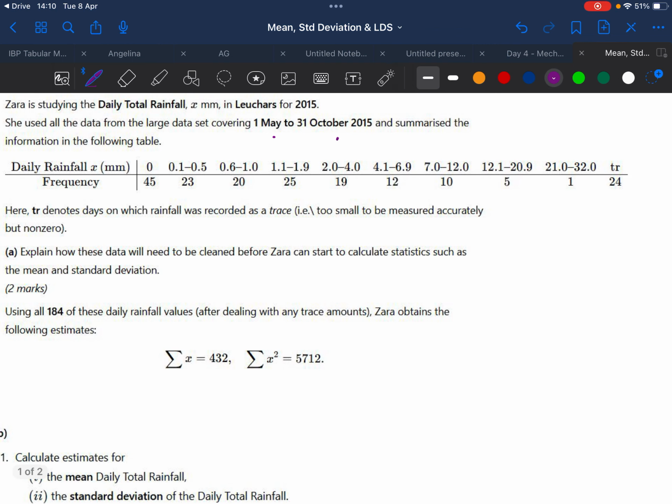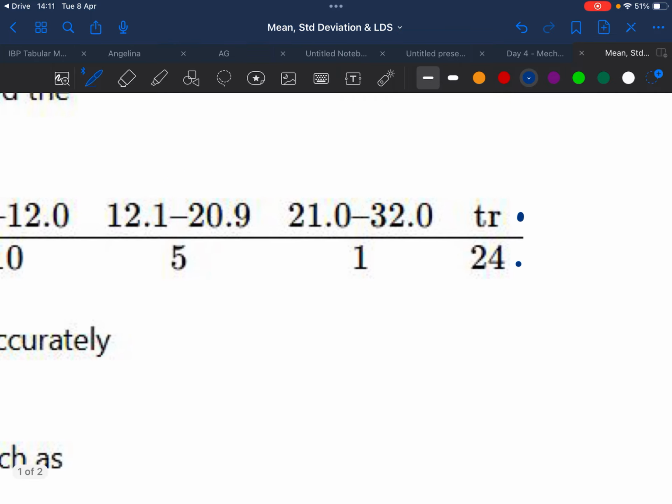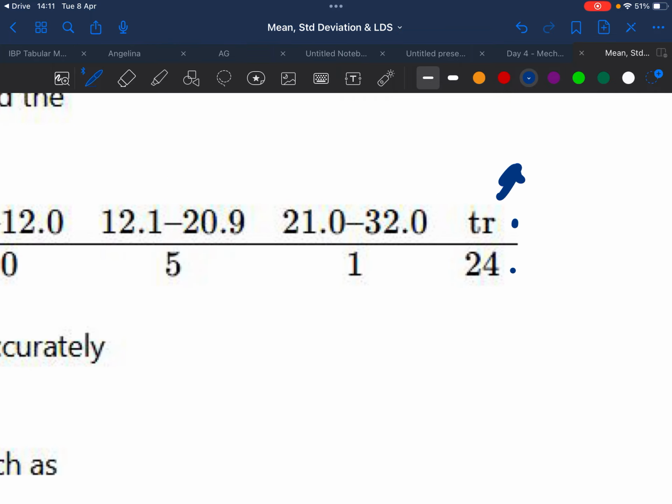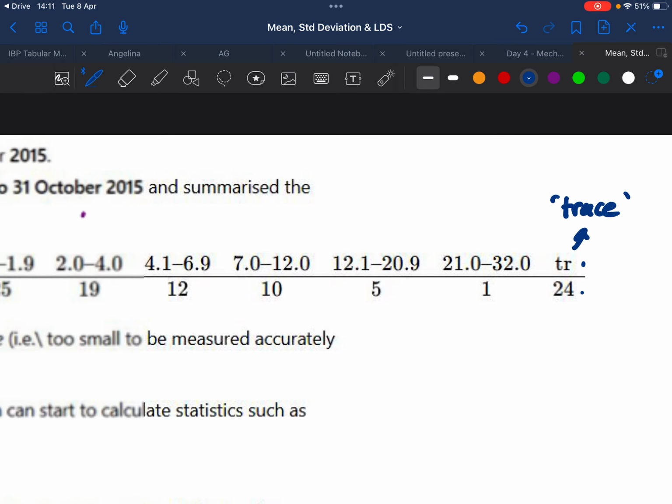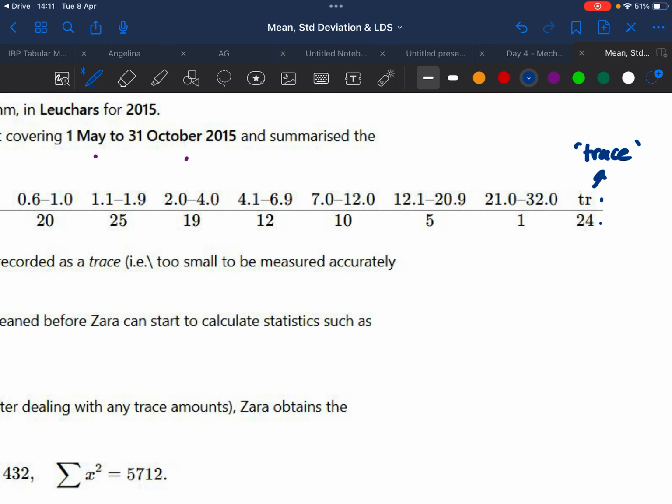We've got information saying, 0 millimeters on 45 days, and so on. One thing that sticks out is we've got TR over here. TR refers to trace. Trace is a very, very small amount.